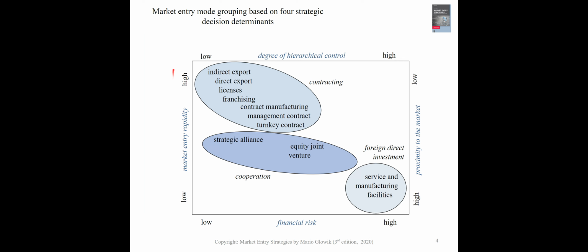This figure is designed in order to illustrate these 3 groups: contracting, cooperation, and foreign direct investment, in terms of the degree of hierarchical control, which can be low or high or medium in the middle, proximity to the market, which can be low, high, medium in the middle, financial risk, low, high, and market entry rapidity, low, high.